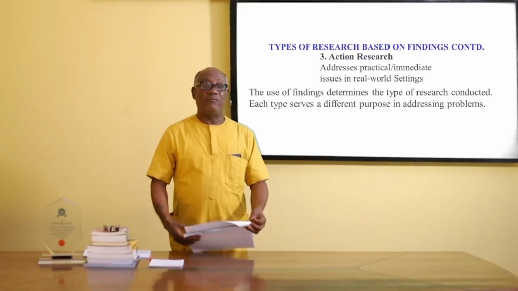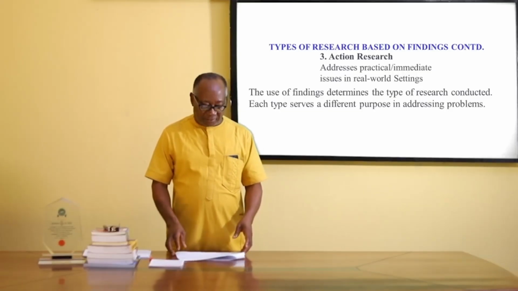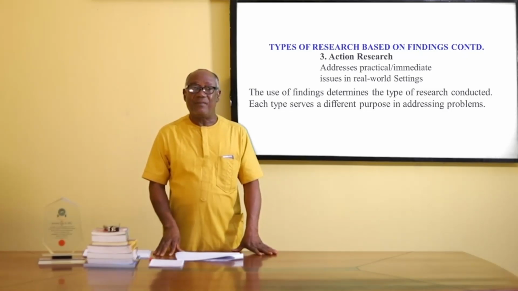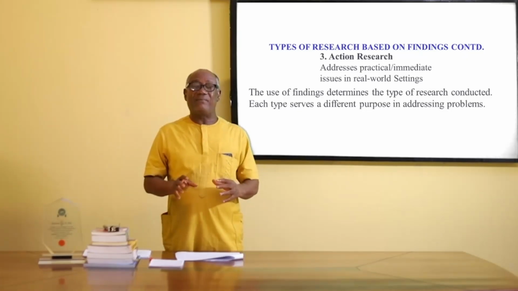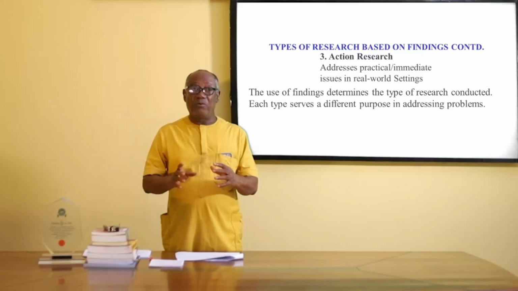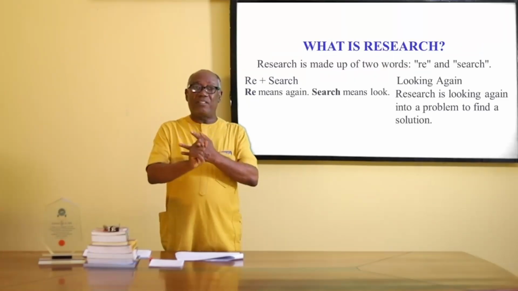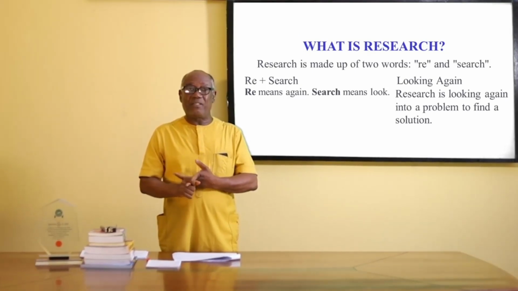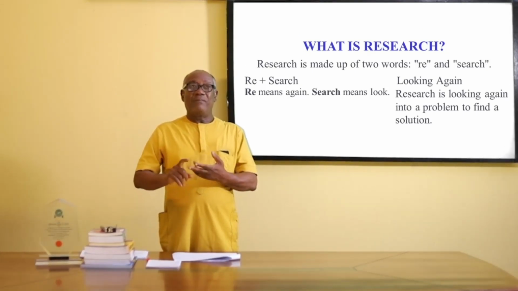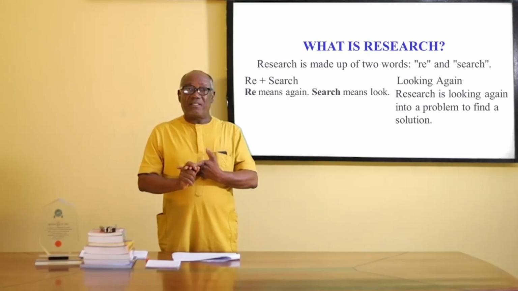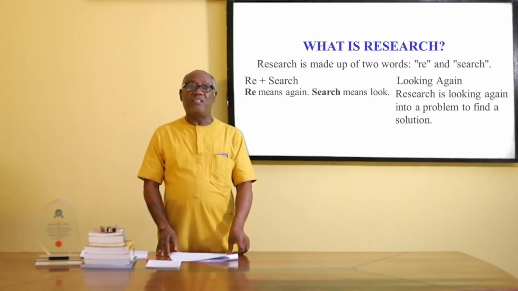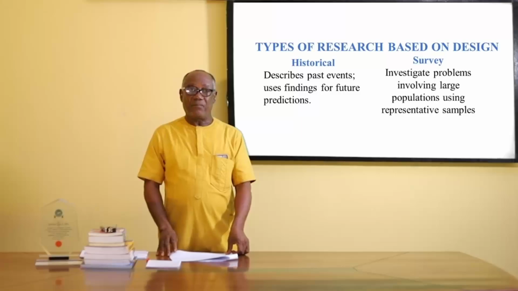Now, the second way by which we classify research is based on design. Research design is the procedure you follow to collect data in order to answer your research questions or test your stated hypothesis. Based on this approach, we have the following six types of research.